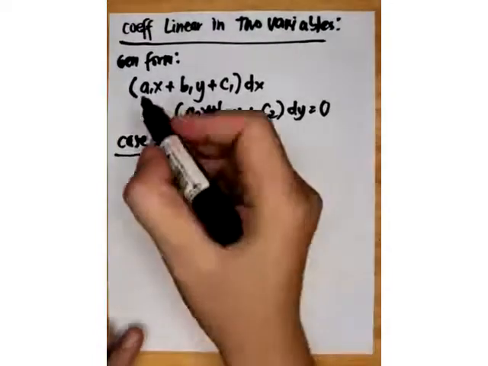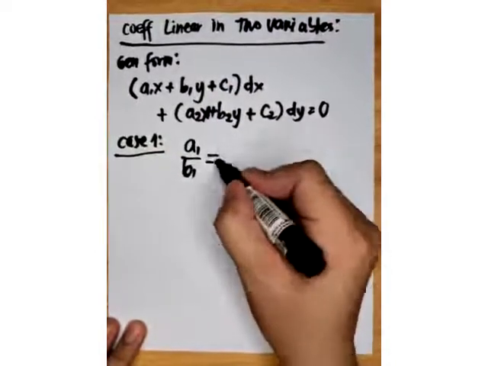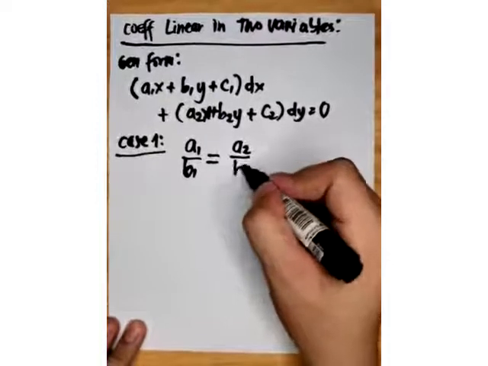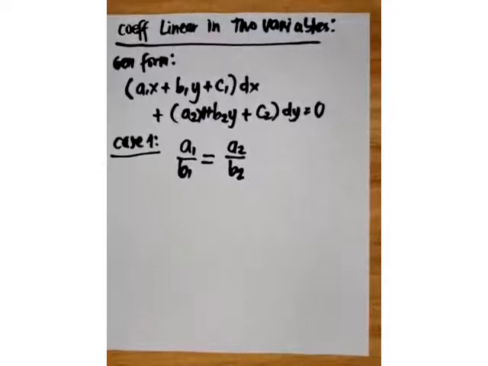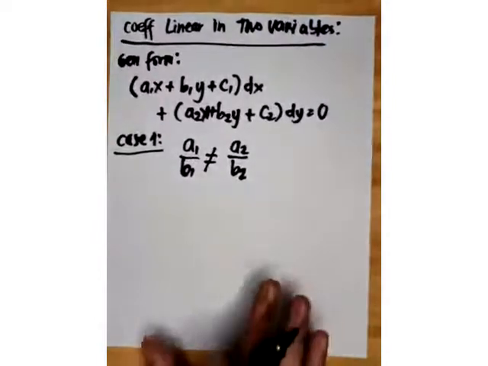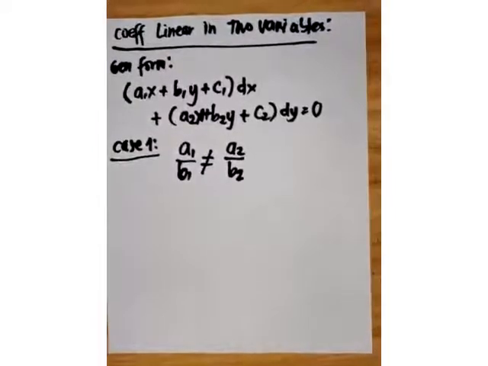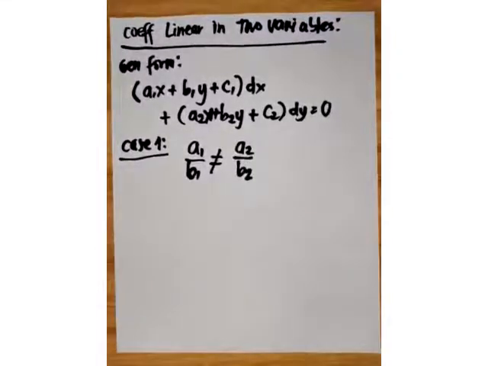We check if the ratio A1 to B1 is equal to the ratio A2 to B2. If they are not equal, that means the equation is under case 1. Case 2 is when they are equal.